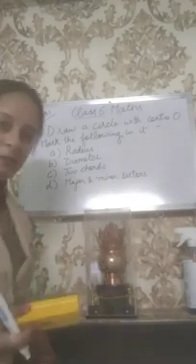Okay, so we have to draw a circle and we have to mark all these things: radius, diameter, two chords and the major and minor sectors in that circle. Okay, let's now start.